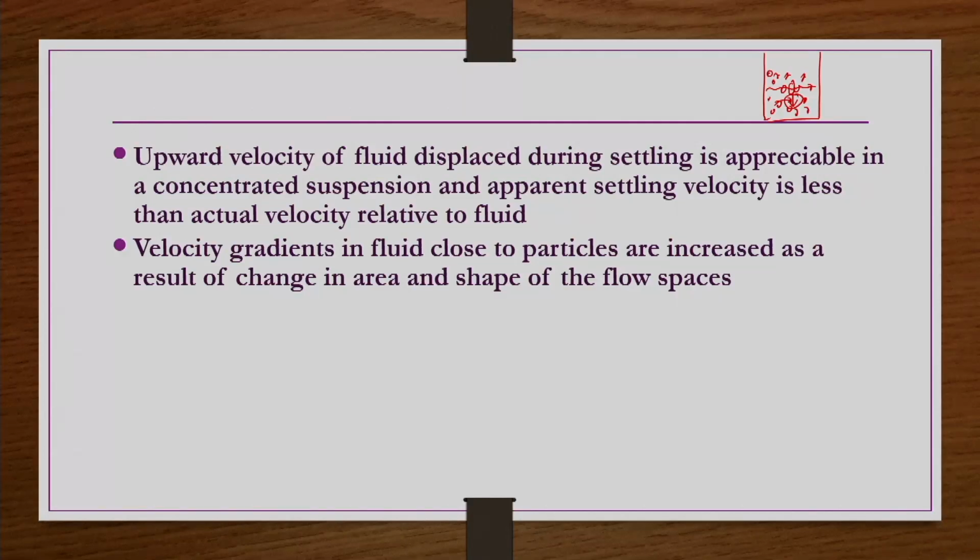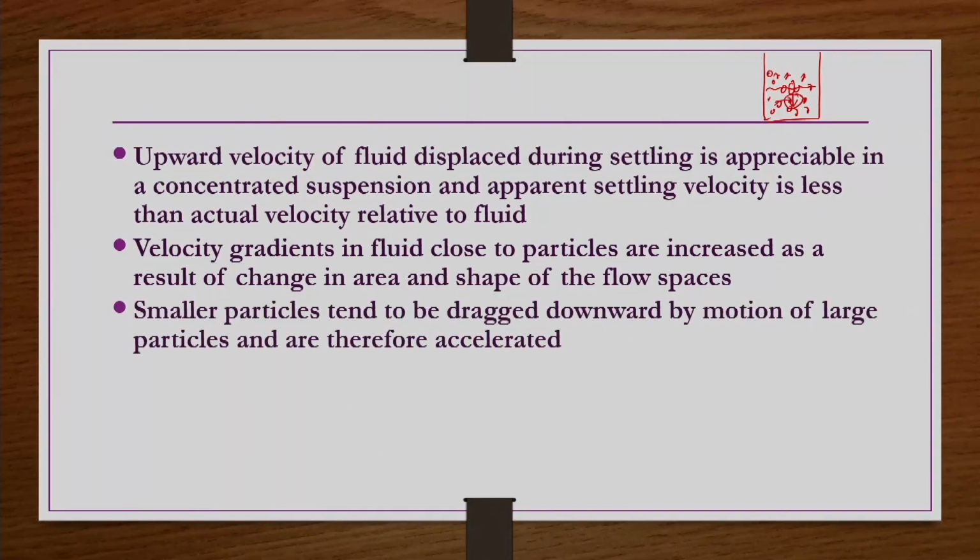In general, if you have particles of wide size and shape, their surface area and shape would be different. Because of that, velocity gradients in fluid close to particles will also increase as a result of change in area and shape of the flow spaces. That is the flow available for the particle to settle.